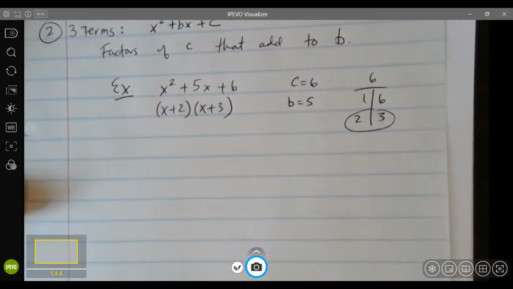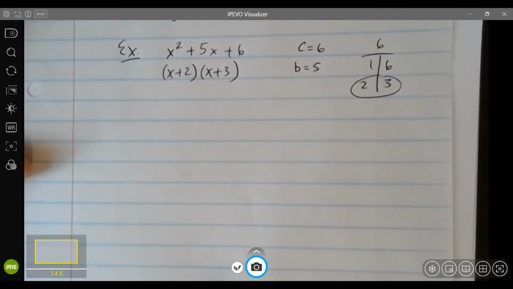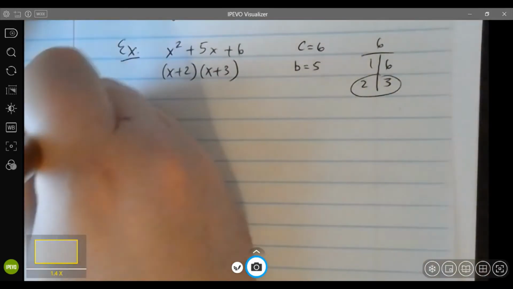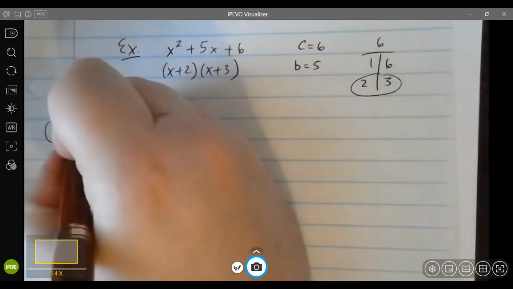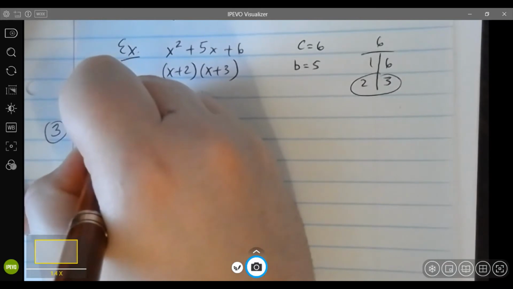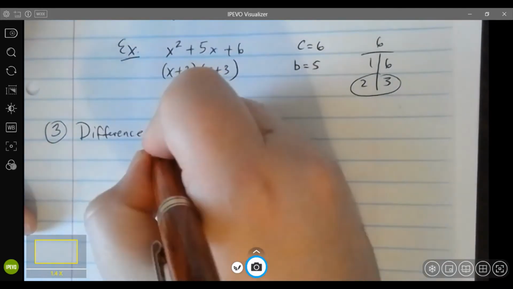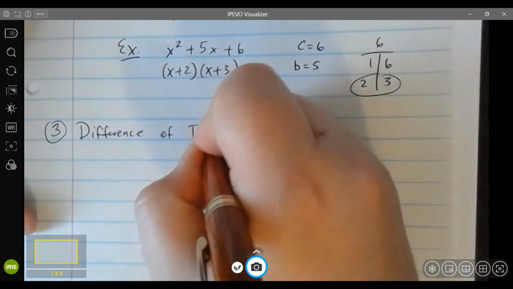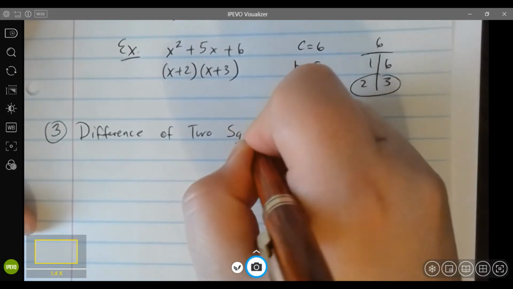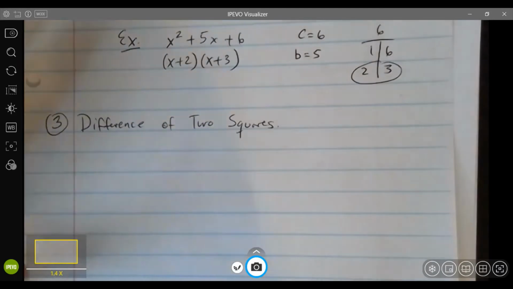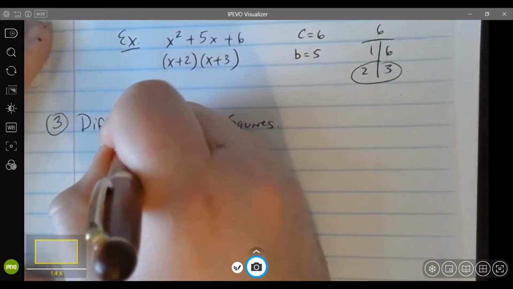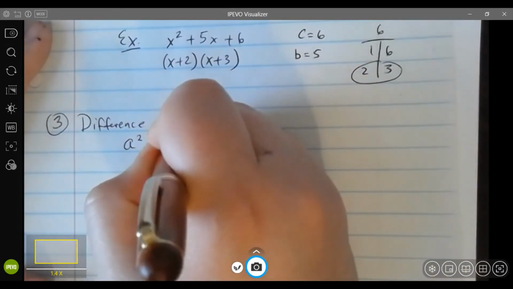The next method that we've used, we'll call it method 3, is difference of 2 squares. Do you have something that looks like a squared minus b squared?